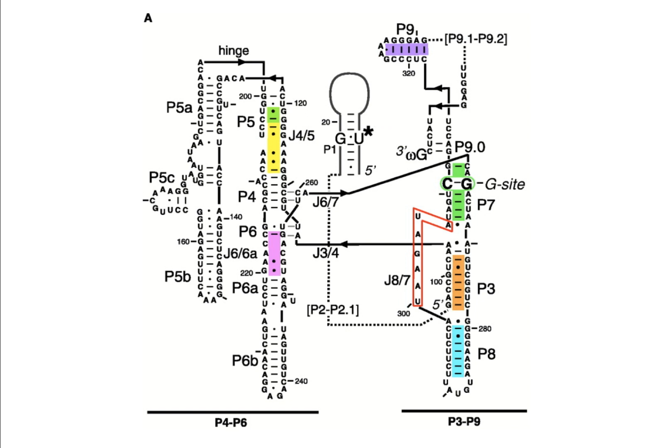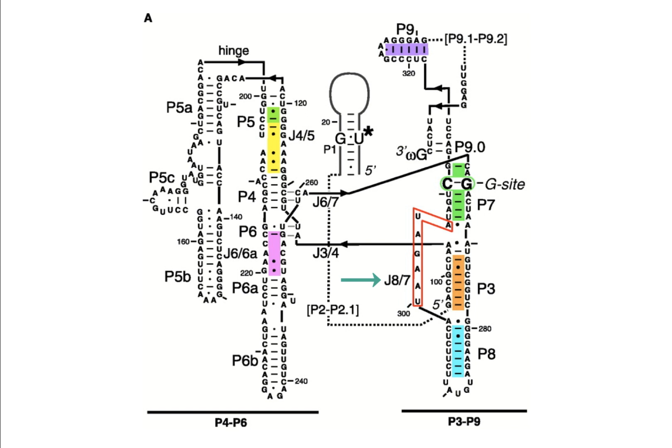Then there's the G site in the P7 region, and then up where P9 is, it loops around to ultimately go to this omega G, which is the last G in the intron, which is where the intron-exon border is in this case.